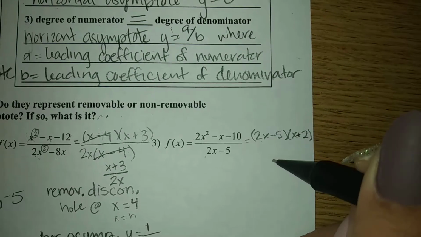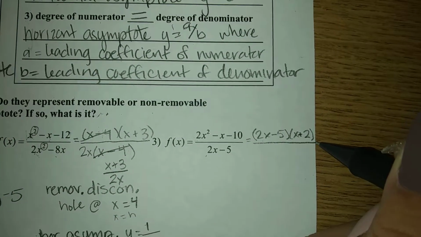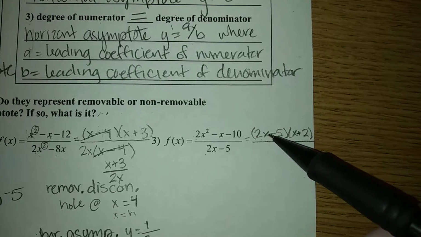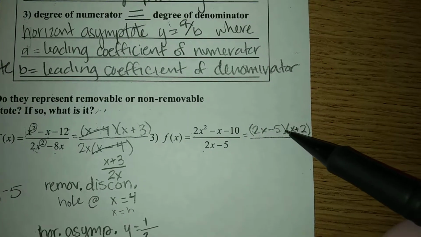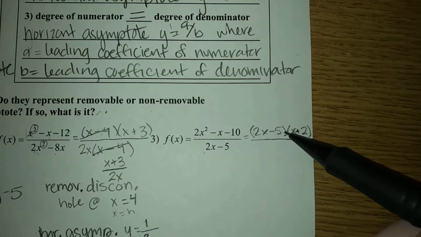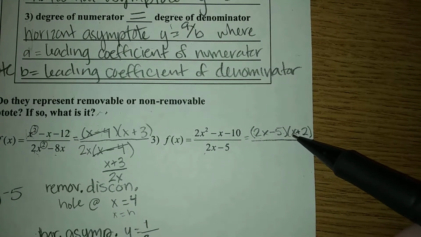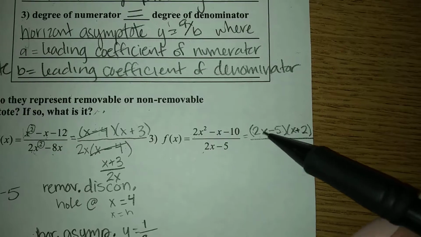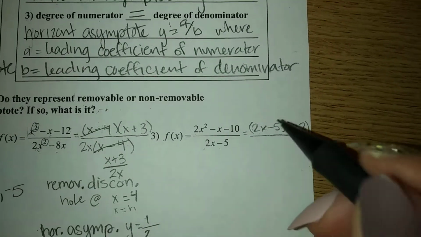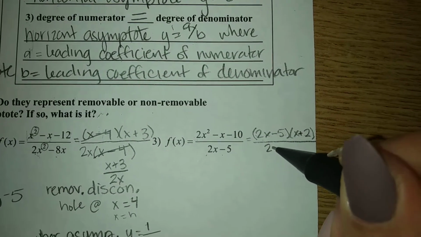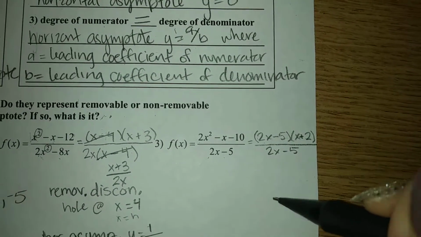And I'll add 2, so that when I multiply those, it'll be 2x times 2, which will be 4x, and -5 times x, which is -5x. -5x and +4x will give me that -x. And then down here, you can't factor that, so I just have 2x minus 5.